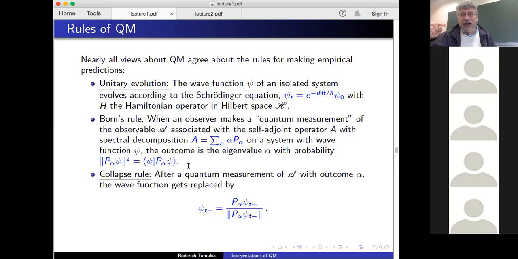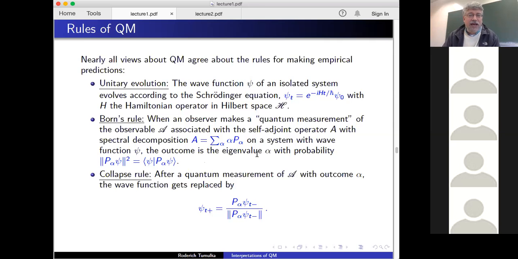That's because the eigenvalues are 0 or 1. And if you replace p here by p squared, you can pull one factor of p on the other side because it's self-adjoint. You don't get a p star, you just have p then. So then you have the scalar product between p alpha psi and p alpha psi, which is the left-hand side.